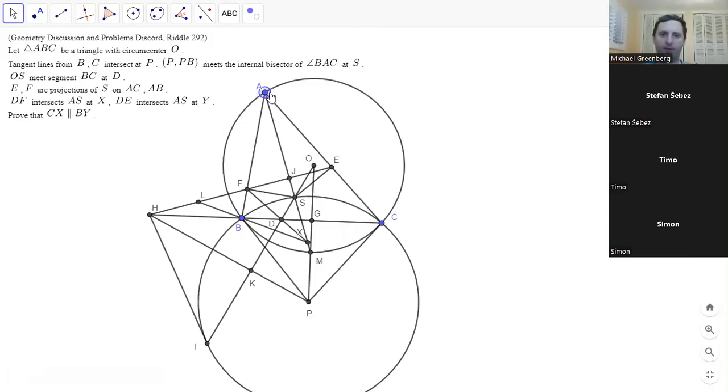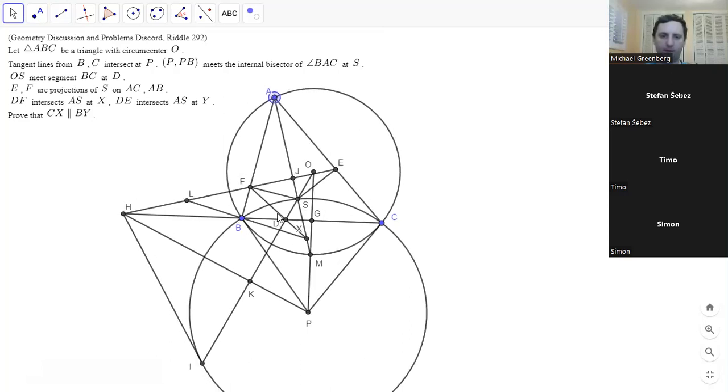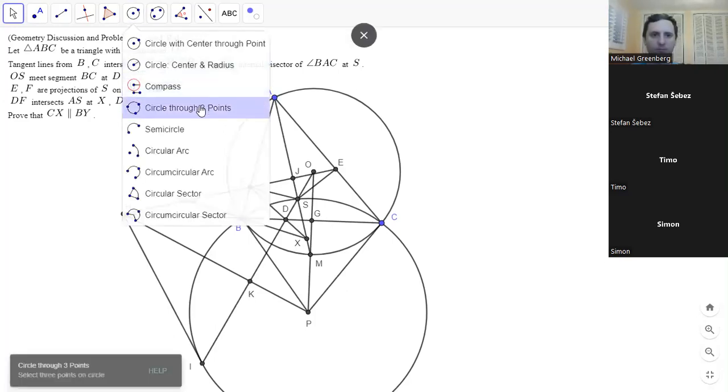Let me make X farther away from M. I like that. I have two more cyclic quadrilaterals, but I'm not sure if they are that helpful.